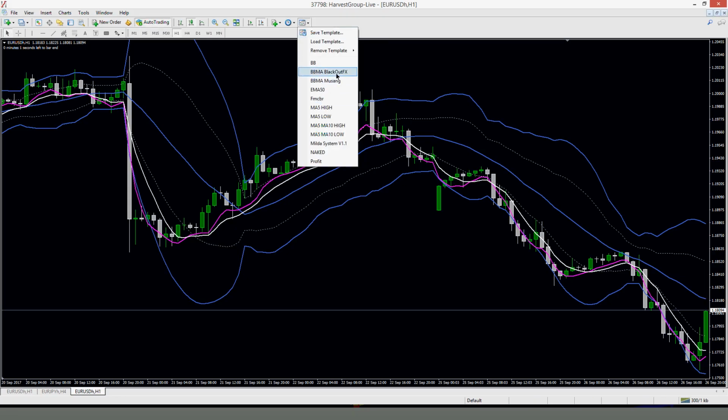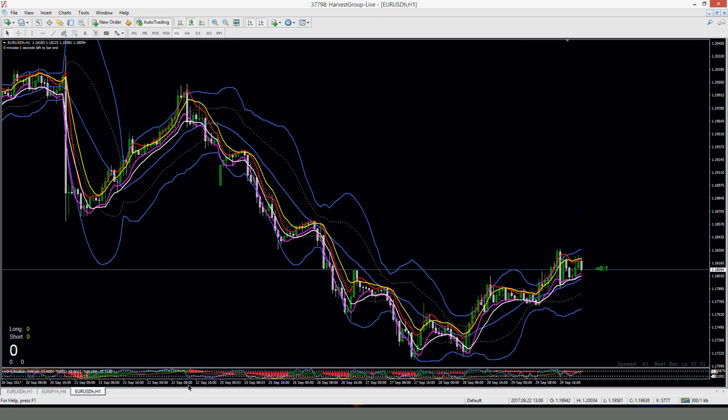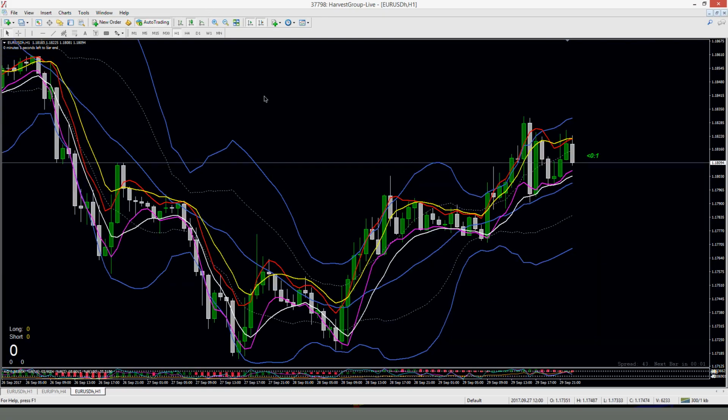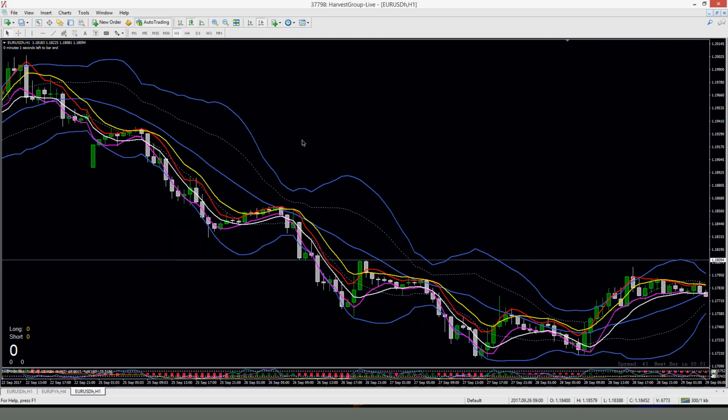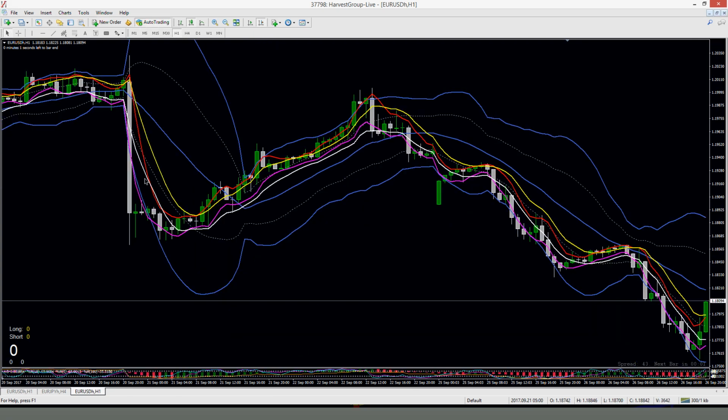So let's see both of them working together. Let me just delete this indicator here. So let's see over here. Obviously, both indicators are telling the same thing. There's a crossover here telling that this is a sell mode, and this is also a sell mode.